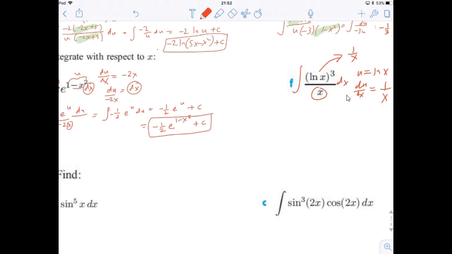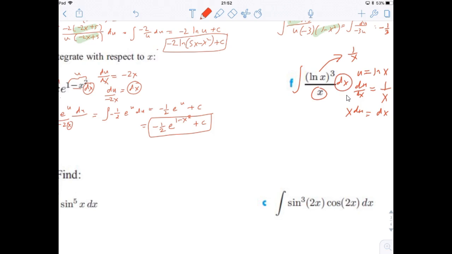Right? So dx is equal to du times x. Just cross multiplied there.